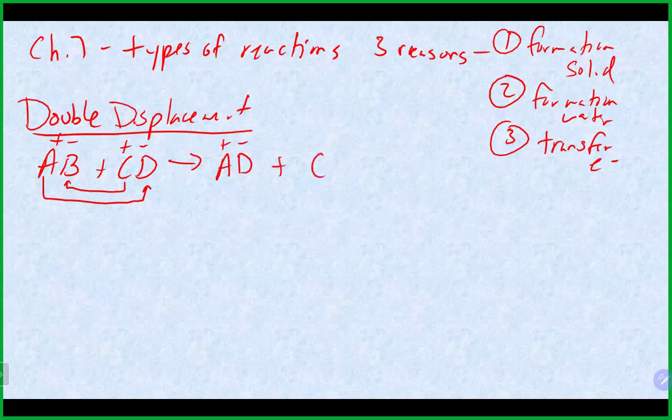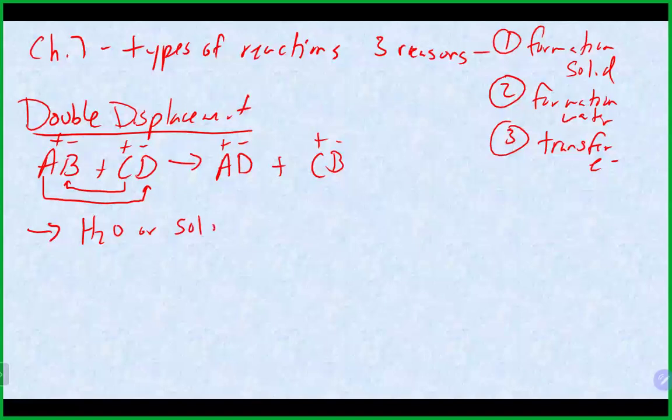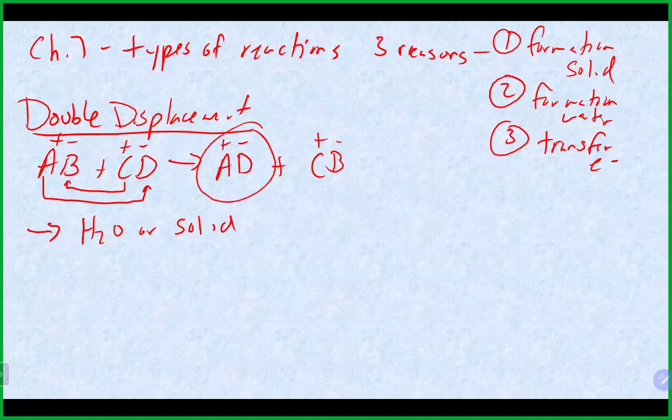This is the big classification of reactions that involve either a solid being formed or water being formed. So this reaction takes care of the formation of water or a solid, and one of your products would either be a solid or water.